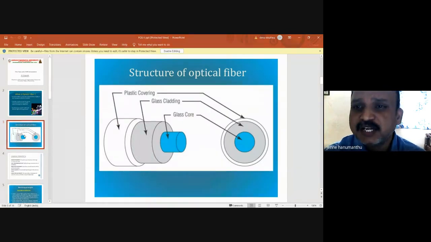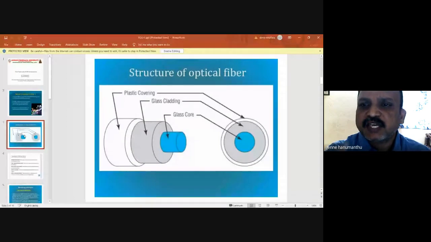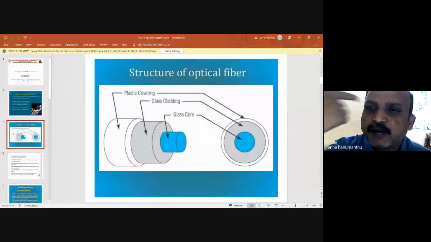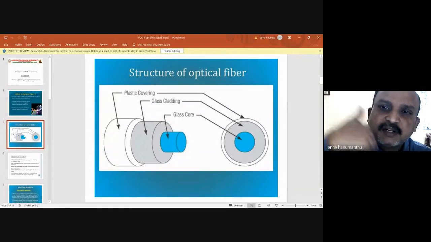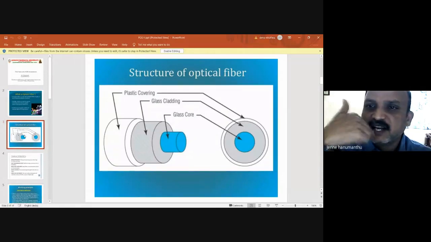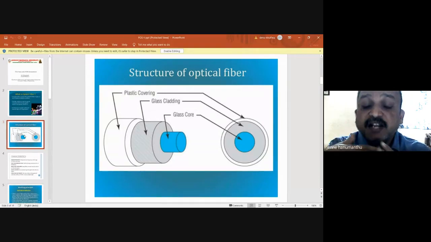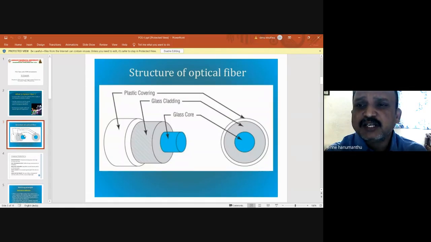For example, in endoscopy, if a person is suffering with stomach pain or other stomach problems, taking the optical fiber through a pipe and sending it to the intestine, we can identify the problem within the stomach and intestine, right? Not only for biological or medicine purposes, but also in industries.